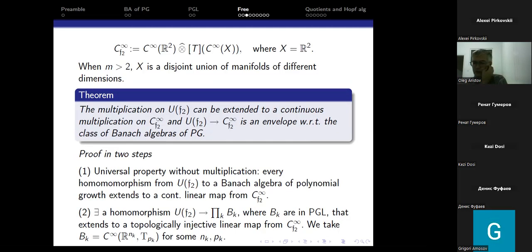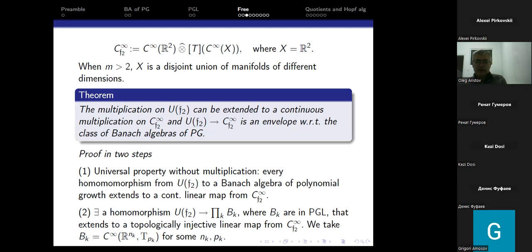The proof is in two steps. First, without multiplication, we only prove that there is a continuous linear map. And later you will see that in fact this map is a multiplication, not a multiplication but a homomorphism.